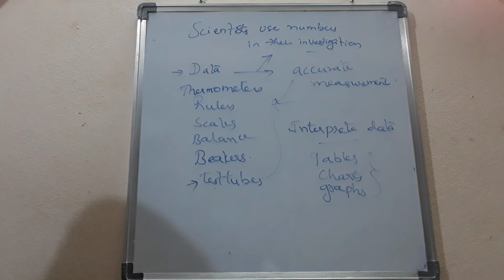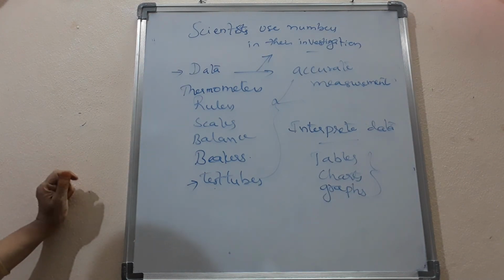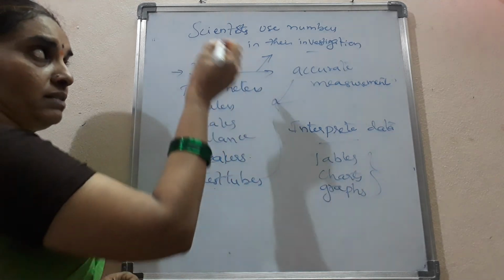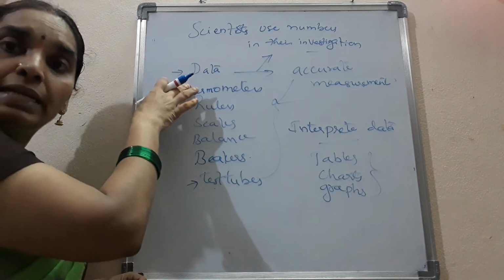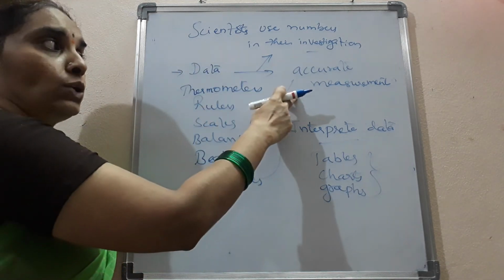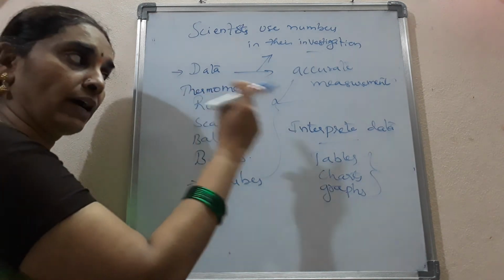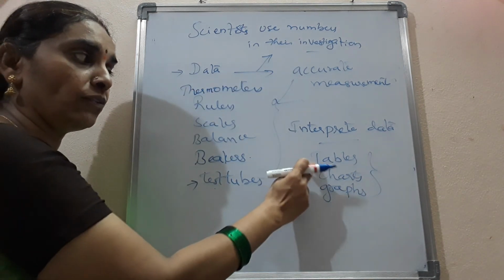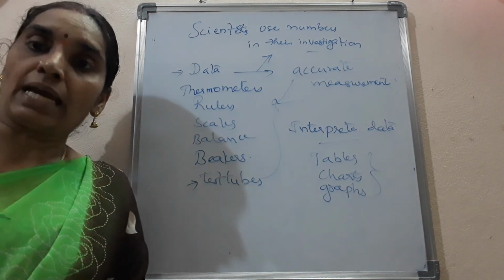That suits the way to display the data, so that it can be interpreted by others. So the scientists use numbers to interpret the data analyzed through experimentation, by the accurate measurements they get through the instruments, and finally they interpret it in the form of tables, charts, or graphs. That is about the scientists.